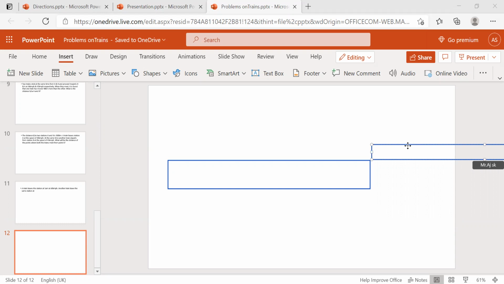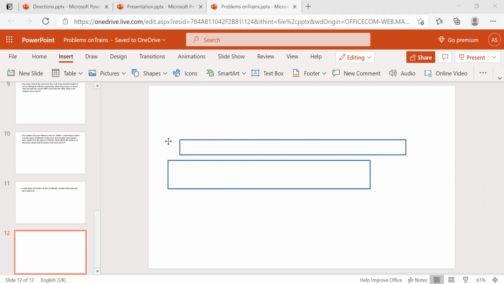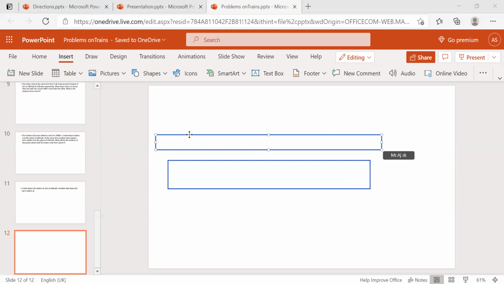If a train is crossing a platform or a tunnel or a bridge or another train, then the distance traveled by the train is nothing but the length of the train plus the length of the bridge.